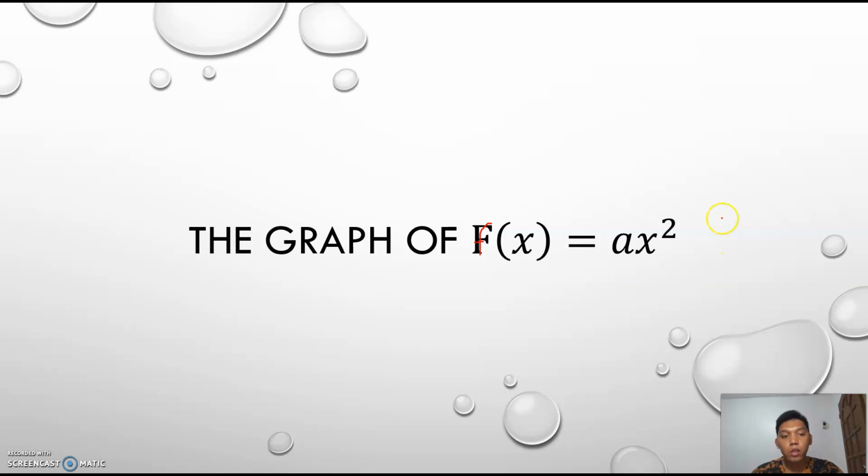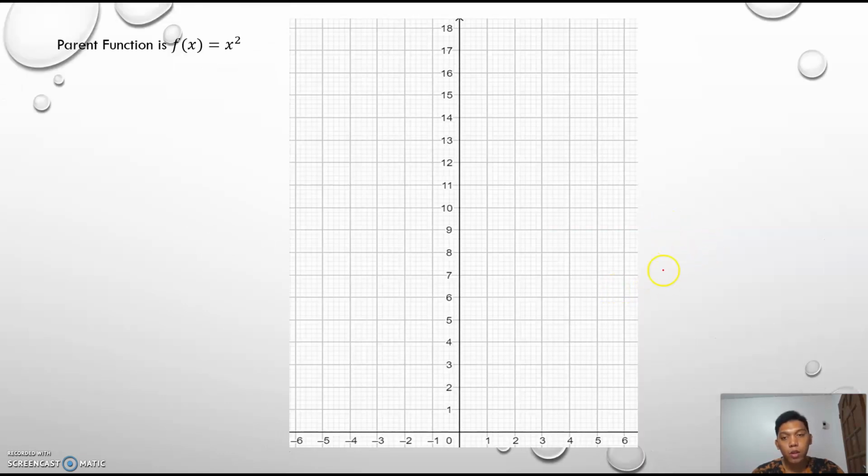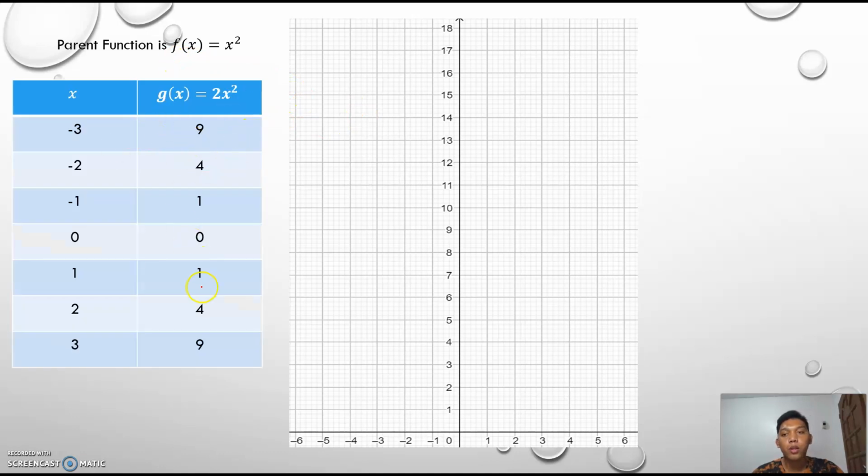We begin with the effects of the changes of a in the graph of the function f of x equal to ax squared. Consider the parent function f of x equal to x squared. If you solve these values of x to get y, you substitute them here.